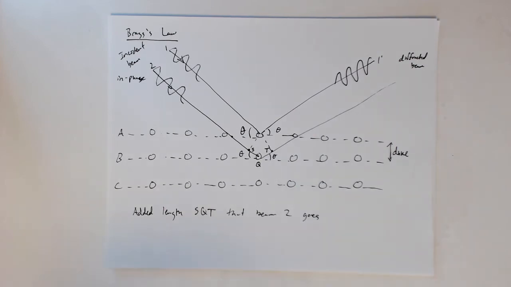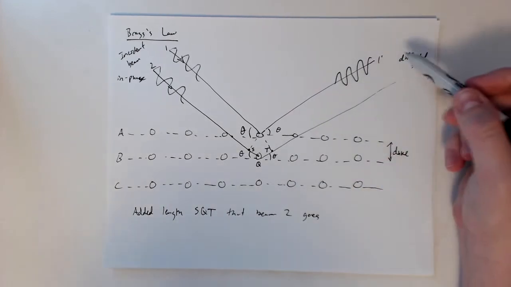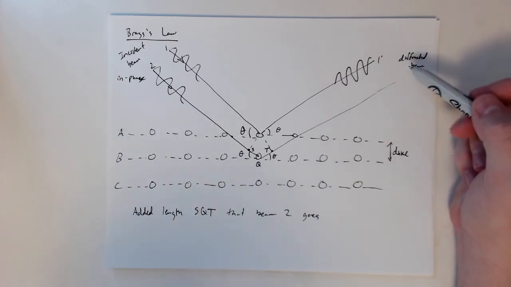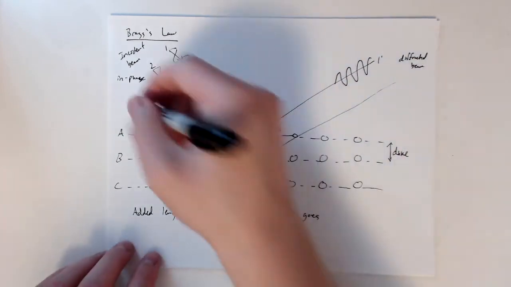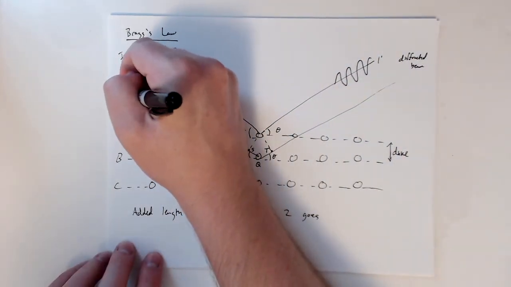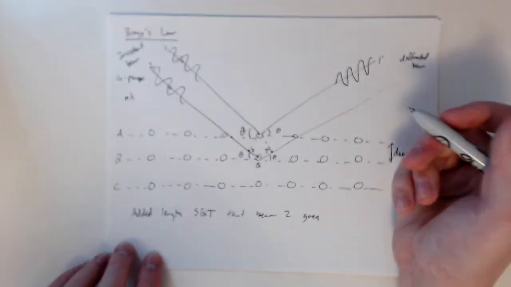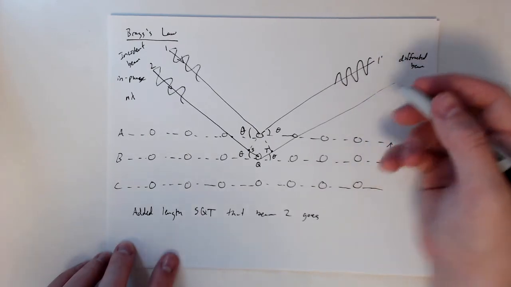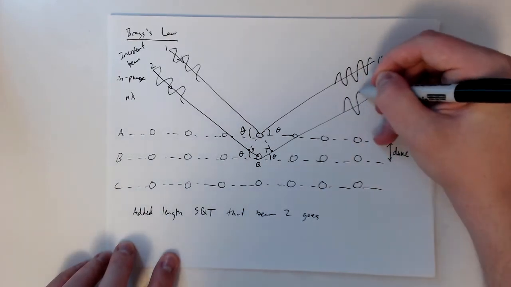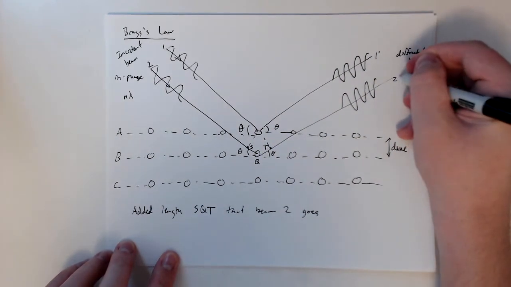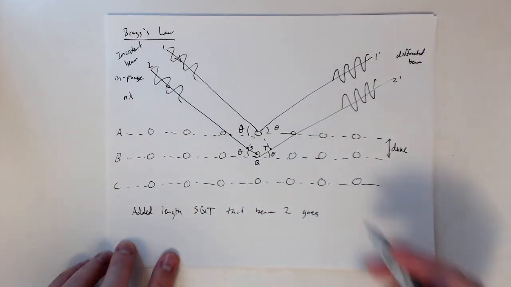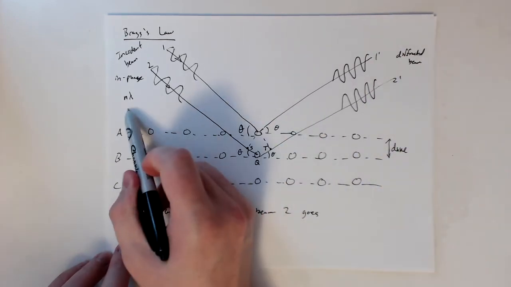So what we want to look at is, are these two beams in phase, like they were before? In phase, again, is some integer value of the wavelength, lambda. So to get that same combination that we saw for beam 2 prime, they would have to be some integer value of this.